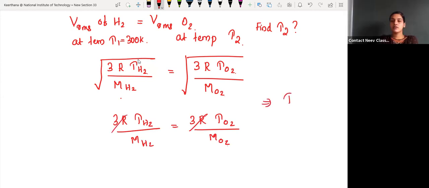Finally you get T of H2 by M of H2 is equal to T of O2 by M of O2. Instead of doing this, you can directly use that equation and find it. No need to do these steps.